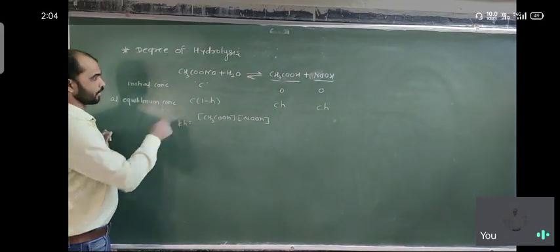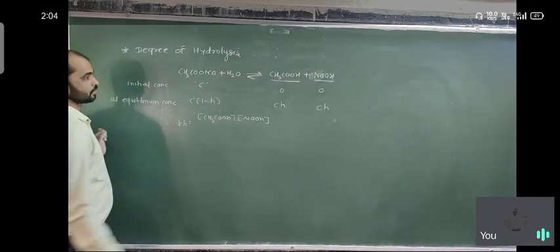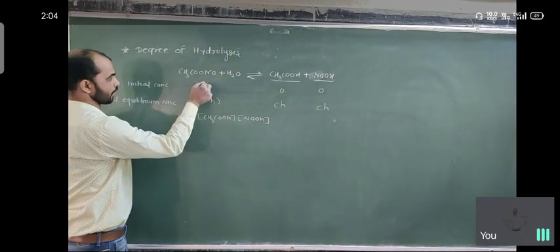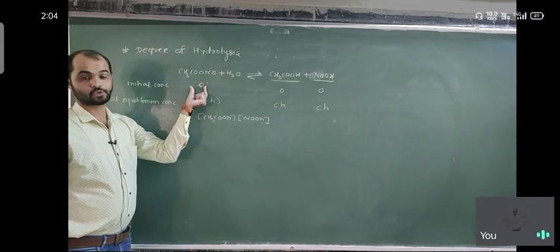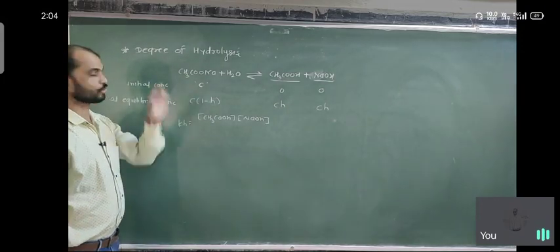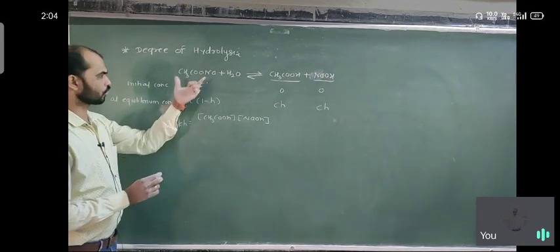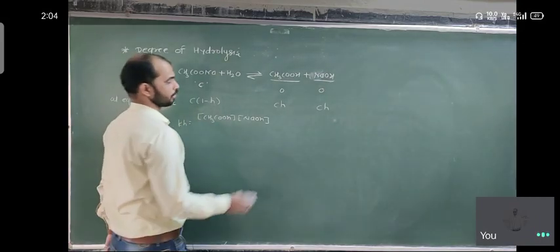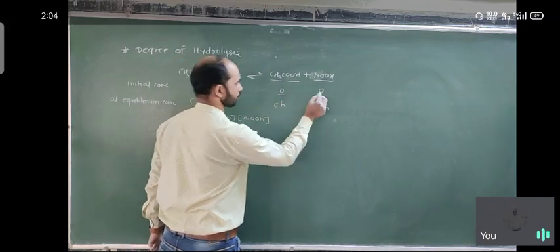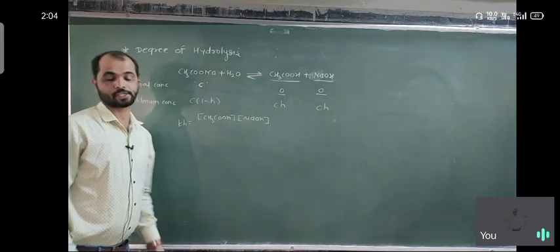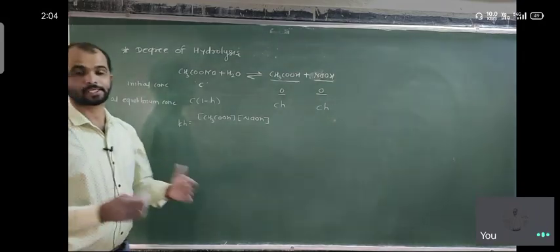So we consider at the initial stage the acetate ion has concentration C. C is the concentration of acetate ion, or sodium acetate, the salt, and before reaction there is zero concentration of acid and base, no formation at the beginning.